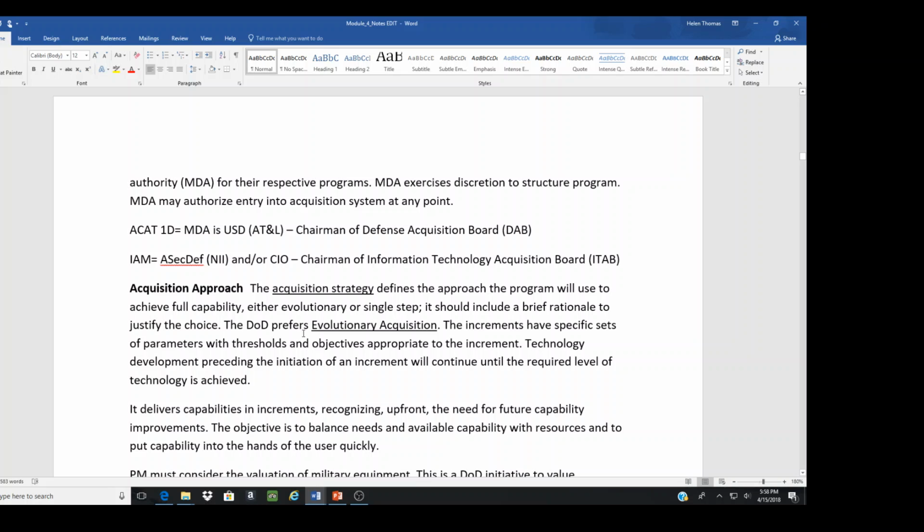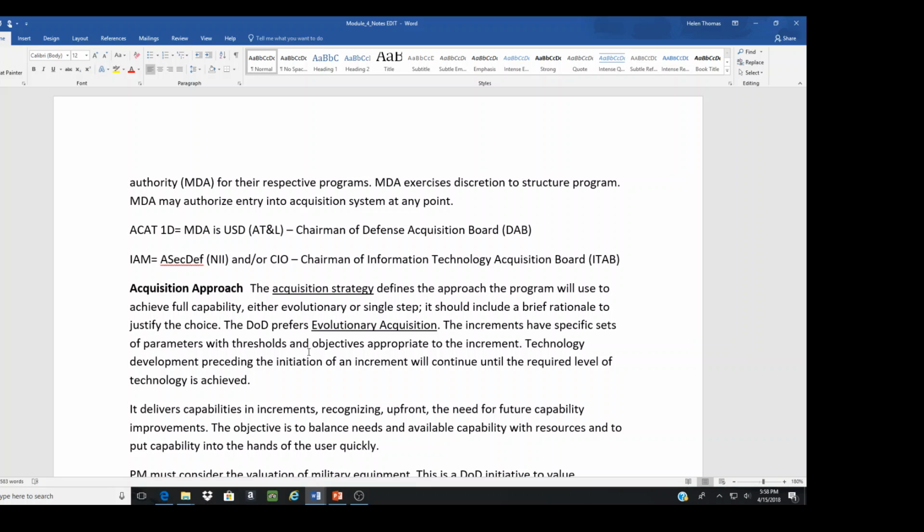The DoD prefers evolutionary acquisition. That means increments have specific sets of parameters, thresholds, and dollar amounts. If you do it in increments, then we can determine at any point if it's not doing what we expect, because again, we're trying to fill that capability gap.